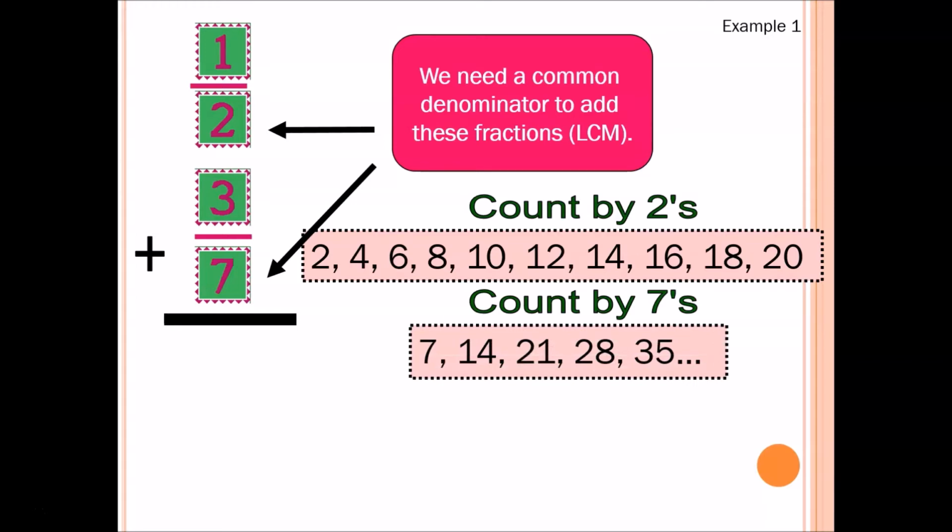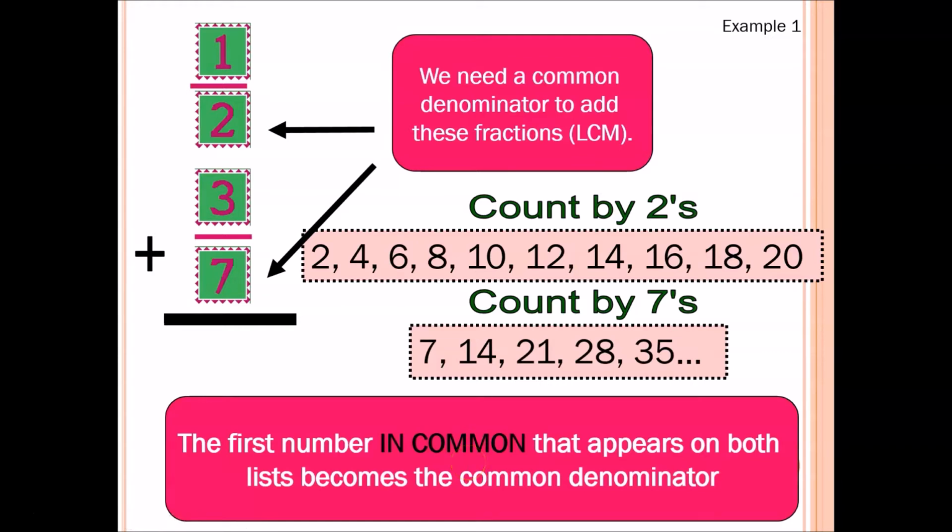Counting by 7's, we have 7, 14, 21, 28, and 35, and so on. Looking at the two lists, the first number that is common among them is 14. And so 14 is the least common denominator of 2 and 7.